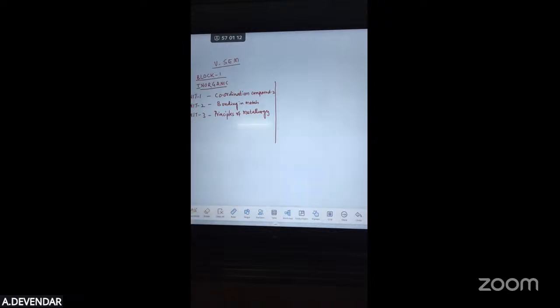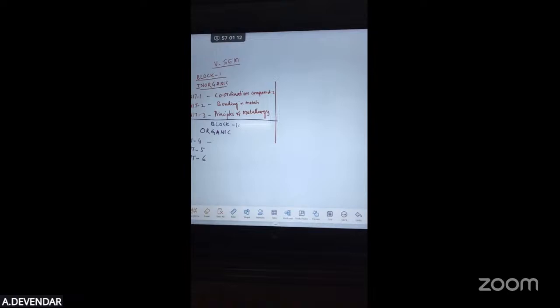If you take block 2, it is the organic part. In this organic part, we have unit 4, unit 5, and unit 6.